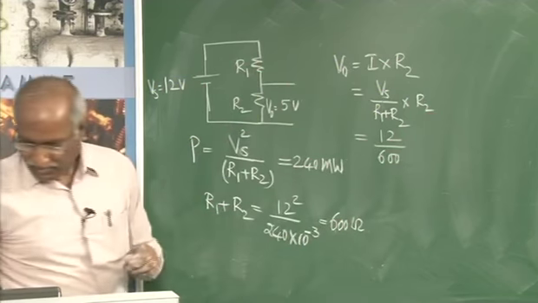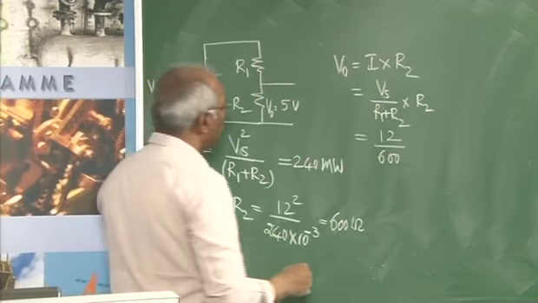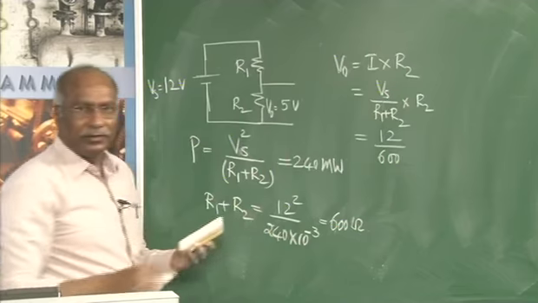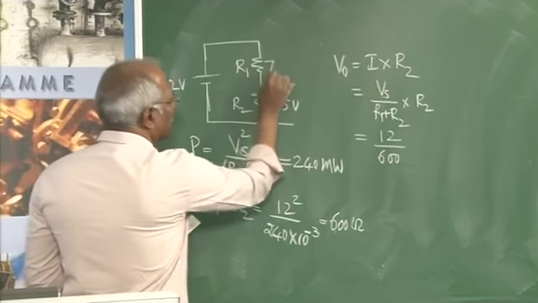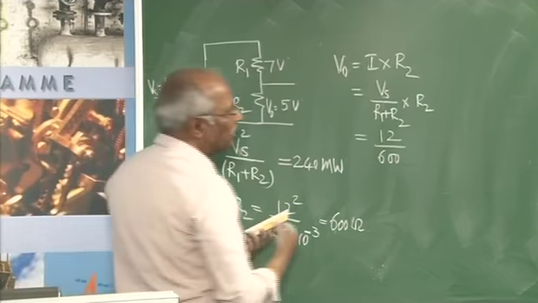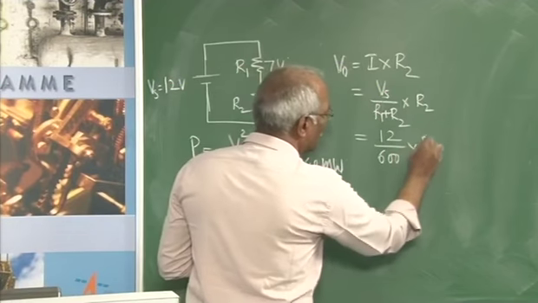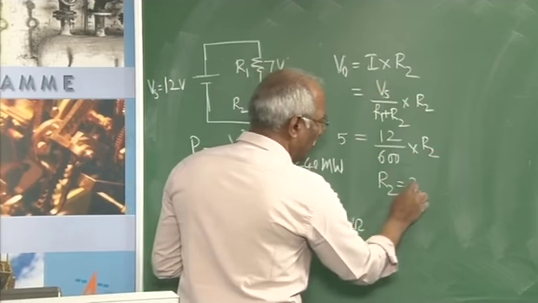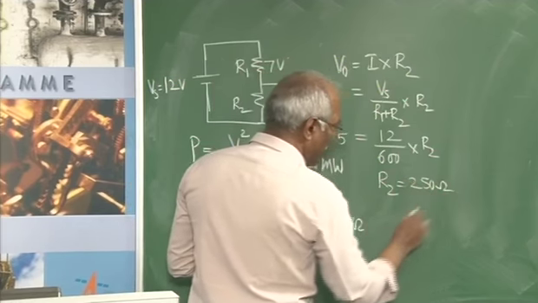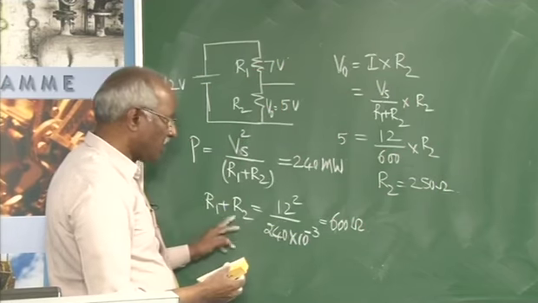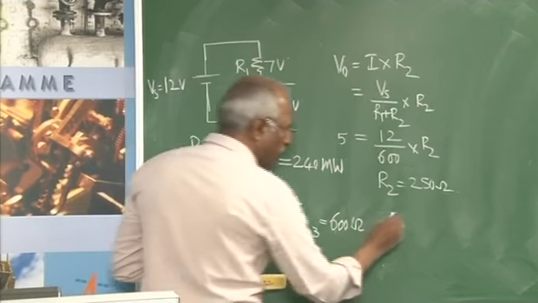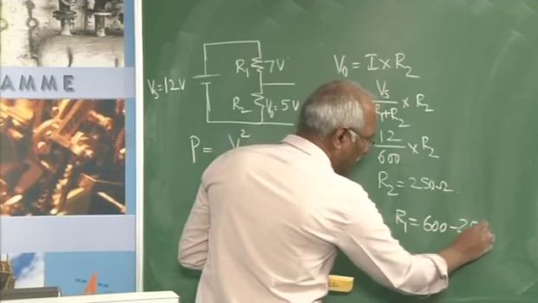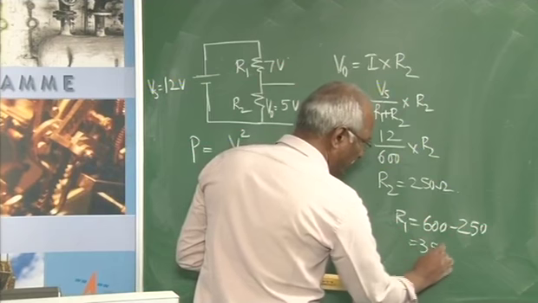Moreover, when this is 5 volts, this must obviously be 7 volts. So, this will be into R2, this will be 5. So, with that R2 will work out to 250 ohms. Once I get R2, I know R1 plus R2 is equal to 600. Therefore, R1 is obviously equal to 600 minus 250 comes to 350 ohms.